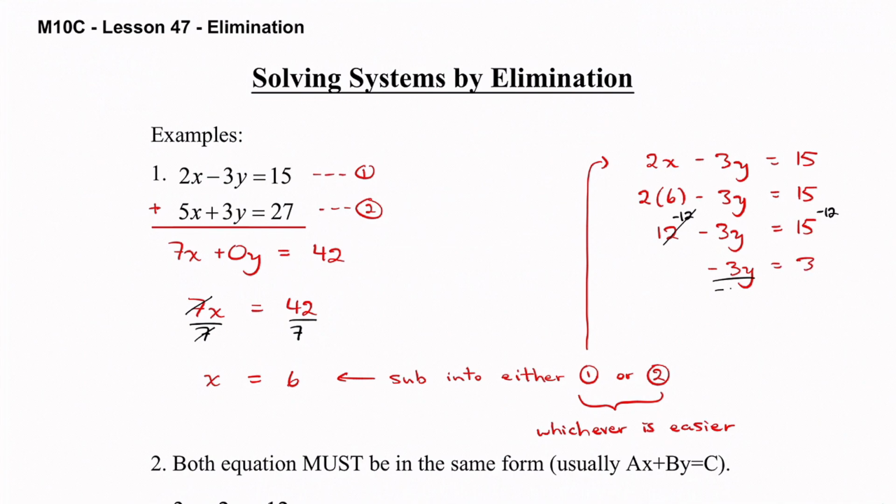And then we'll divide by negative 3 on both sides so that these negative 3's will cancel. So we get y equals, and then it's going to be negative, and 3 divided by 3 is 1. So I know that x is equal to 6 and y is equal to negative 1. So our answer, written as a point, is (6, -1).